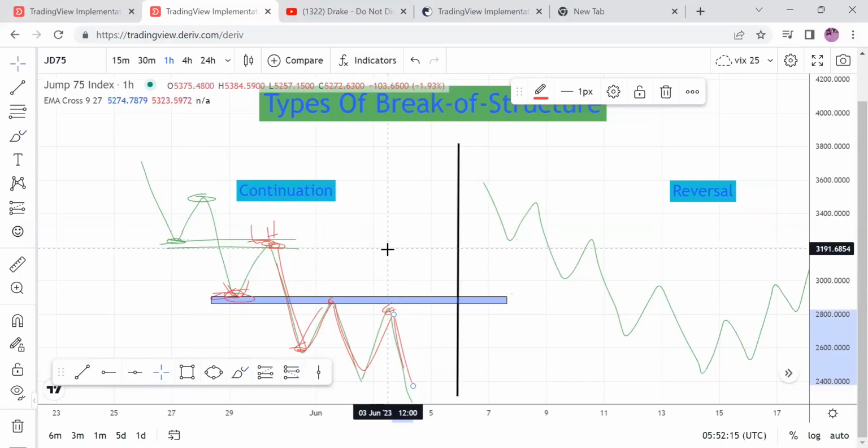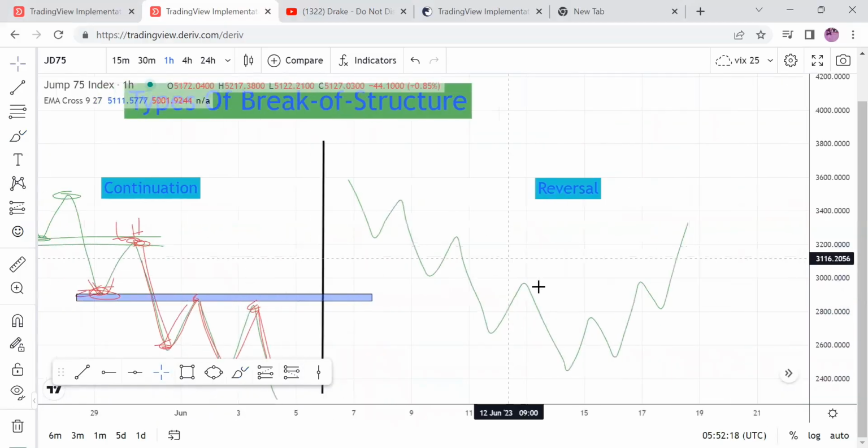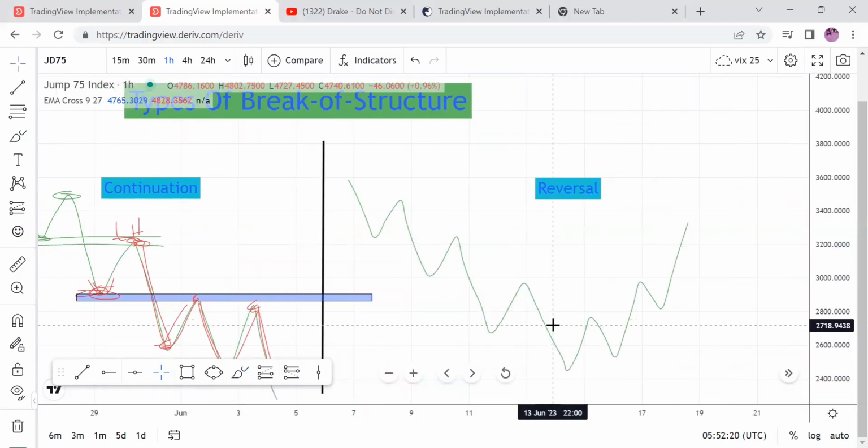On the other hand, we have what is known as a reversal breakout structure. As the name suggests, reversal means that the market usually changes whatever trend it's in.